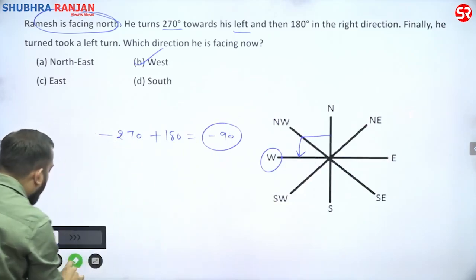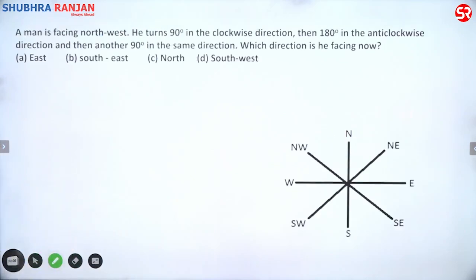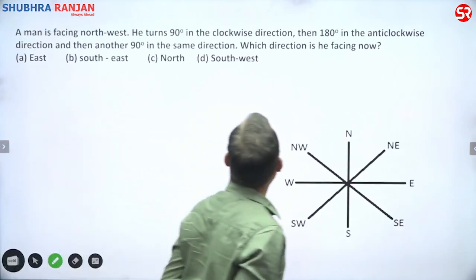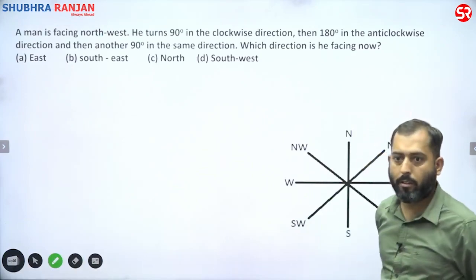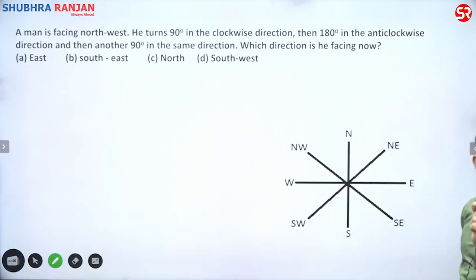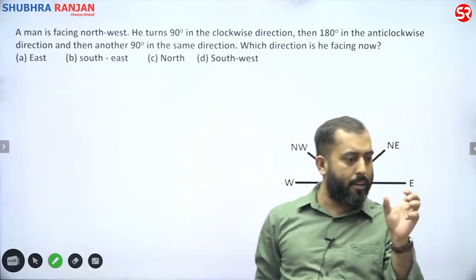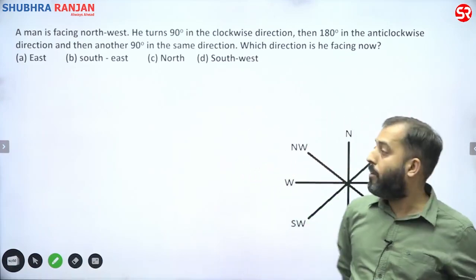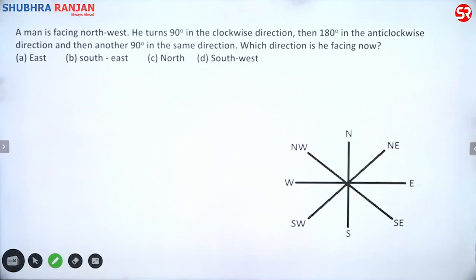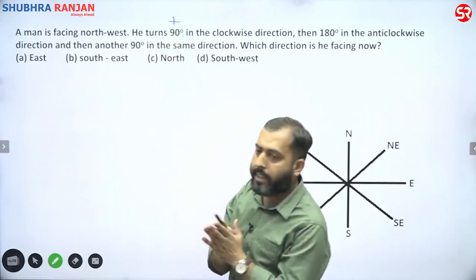Now try to solve this next question mentally, without pen or paper, and use the rough sheet or your pen a minimum number of times. Southeast, you sure? Everyone is getting southeast. See, 90-degree clockwise, so positive 90.